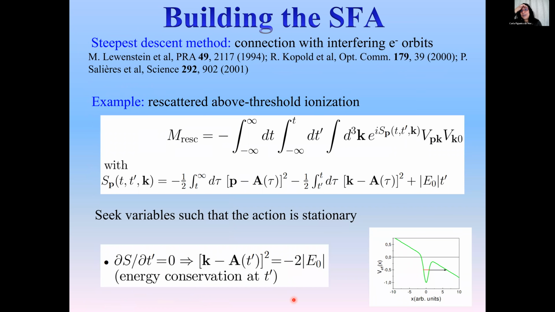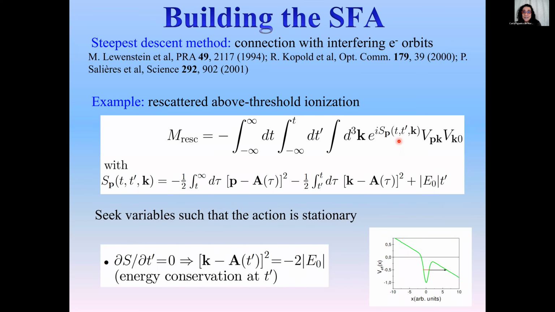Another very important tool is that if you use the strong field approximation in conjunction with the steepest descent method, you can go back to this picture of orbits. So here what we have is this rescattered above threshold ionization transition amplitude, but written nicely in momentum space and considering all the integrals that you have.